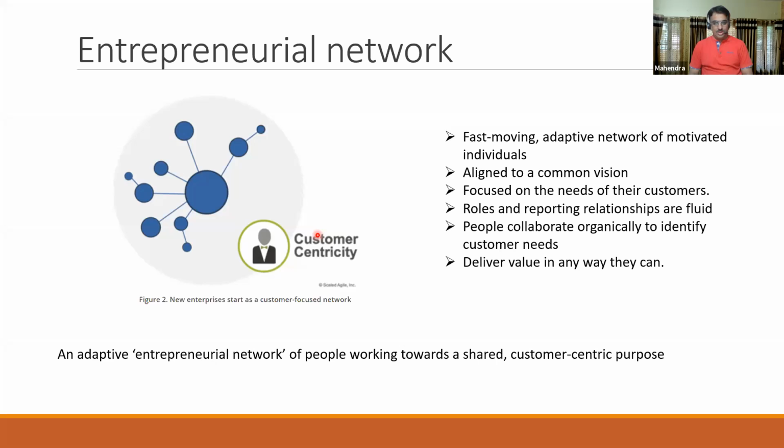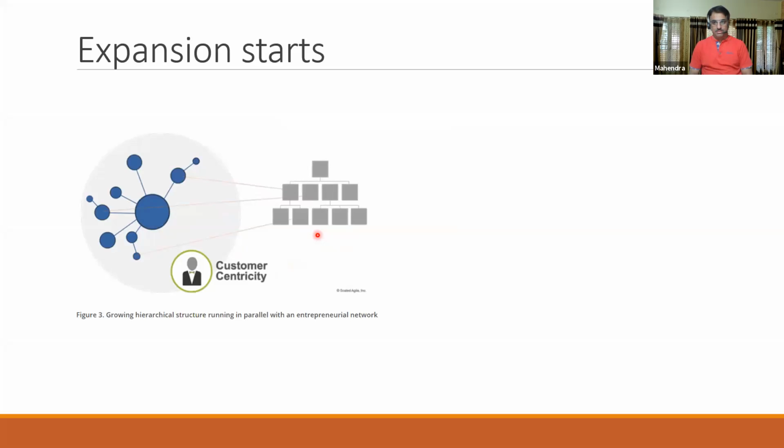This is how any organization starts up. Now when expansion happens, certain things need to be handled. Specialists are hired, maybe domain specialists in finance, accounting, sales, marketing, and a hierarchy starts building up.